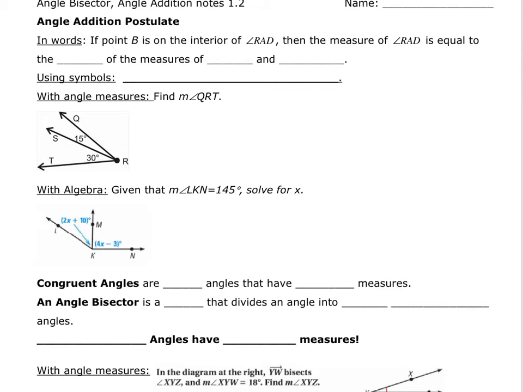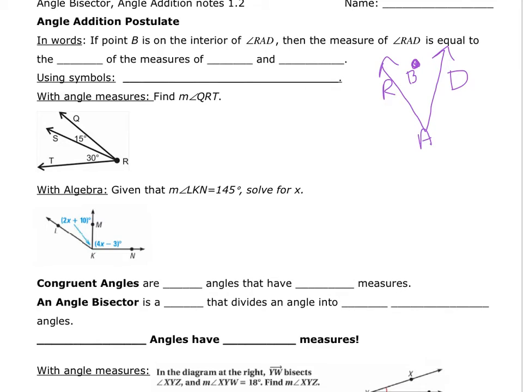So if we have angle RAD, and remember when you name an angle, it's that center letter that you always want to be the vertex of your angle. So they do have to go in the order RAD. And we have point B on the interior, so we're just going to put point B inside of the angle.